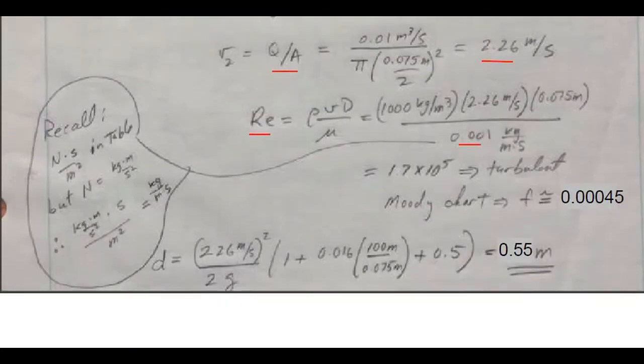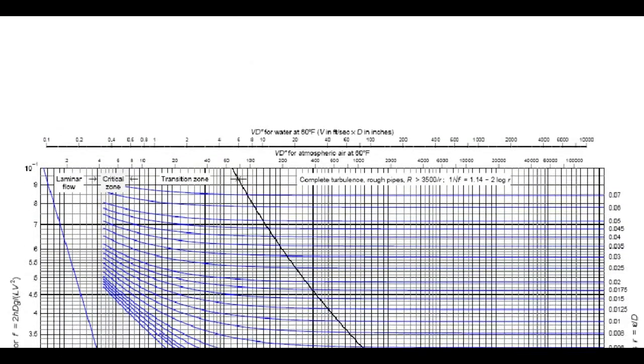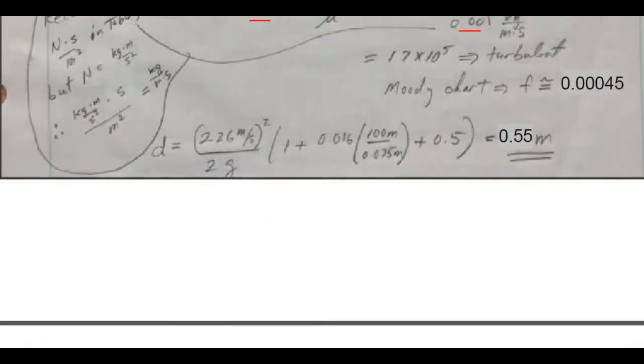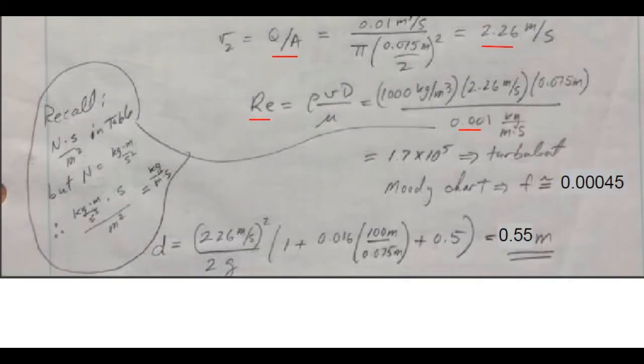But for the Reynolds number, let's go down to the Moody diagram here. That's what I mean by the Moody diagram. So we enter the Moody diagram here, and our Reynolds number is about 1.7 times 10 to the 5th, and that shoots us over to around here, which is more or less 0.00045.